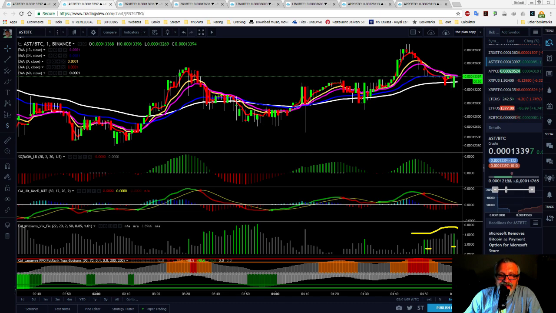Or we'll wait until they line up like it is over here. We'll wait until it gets to the very bottom, and then that green light's going to turn off. When it gets to that one right there, or this one right here, that's a good buying point because it's turned off. And now this wave right here goes up.